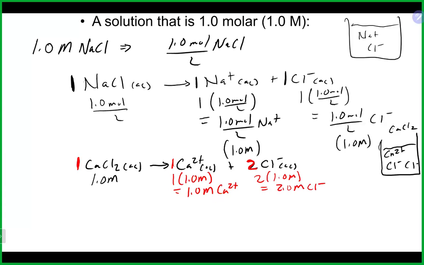So basically what this tells you is you have twice as many chloride ions floating around that solution as you do calcium ions, right? For every one calcium, you get twice the amount of chloride floating there. And how their concentrations are related is for every 1 molar of calcium, you get 2 molar, or twice the concentration, of chloride.